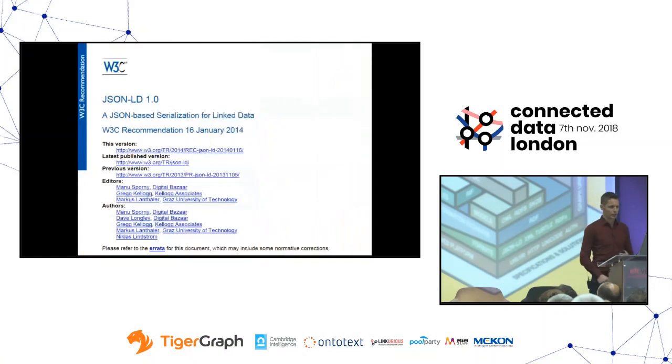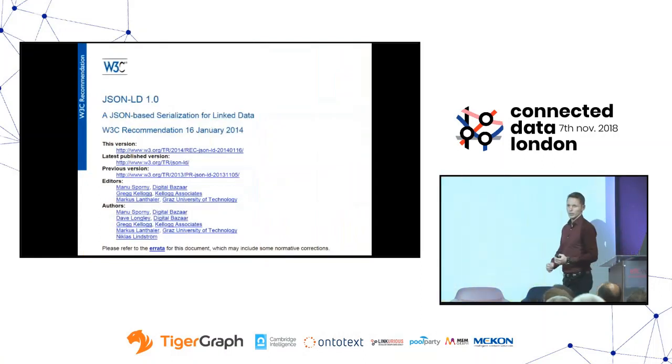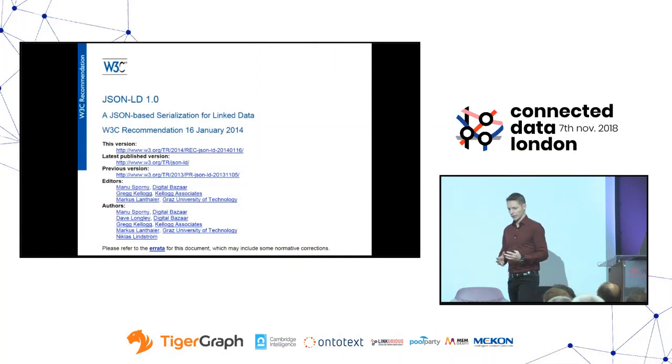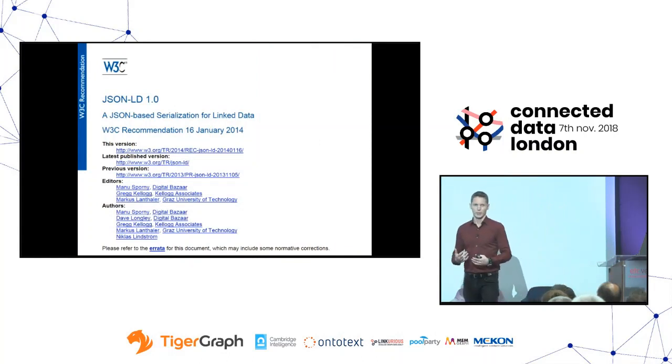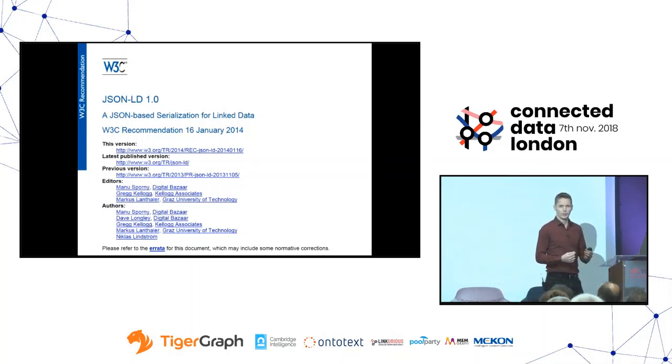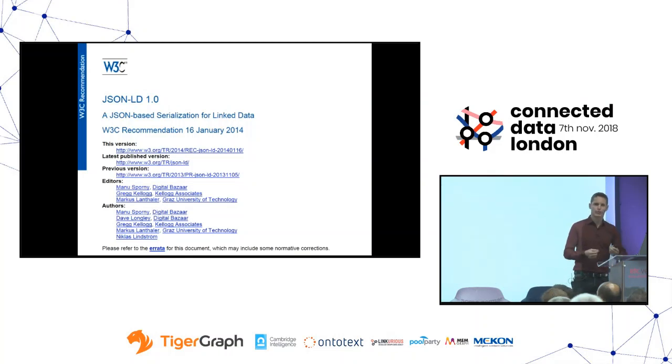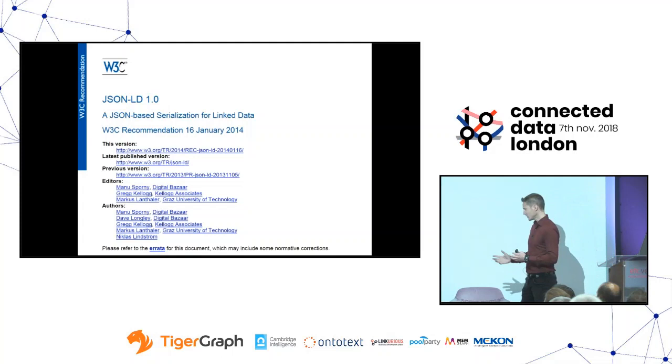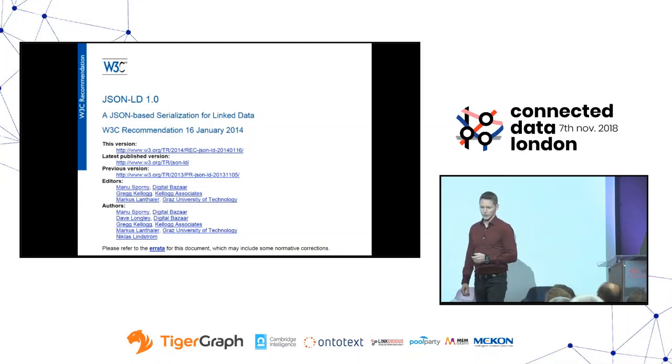And one of the things that we worked on at the time was JSON-LD. We tried to find a data format which is easy to understand for the everyday developer. In the best case, they would already feel familiar with it when they start looking at it. And I think it worked out relatively well with JSON-LD.